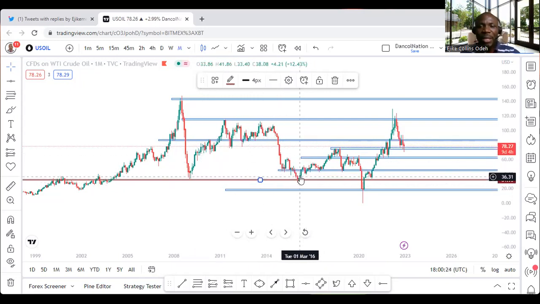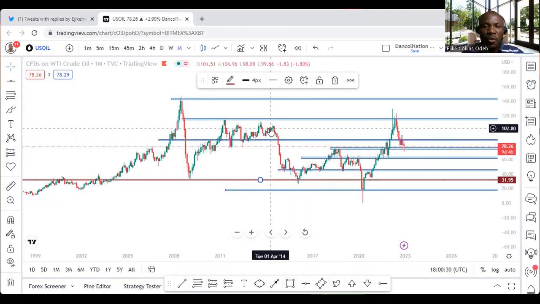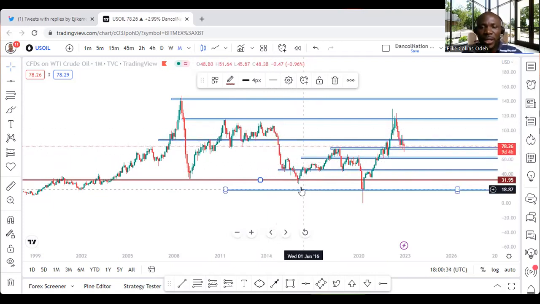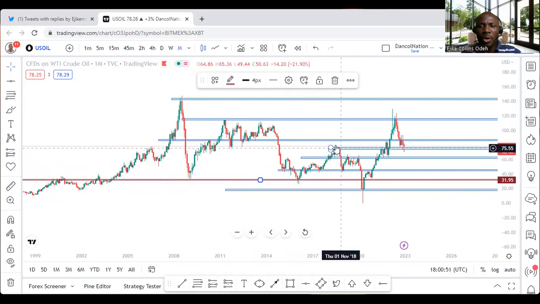Immediately this double bottom formed, the market reversed. So maybe you've been selling from here, but as soon as it got here, you discover that instead of a higher high, a higher low, there was a kind of pullback that brought about this reversal, and the price started going up.